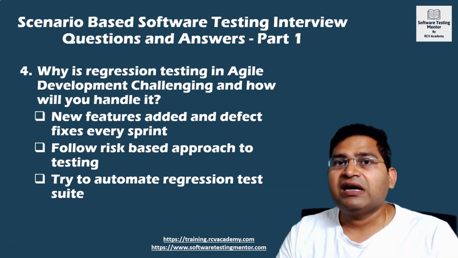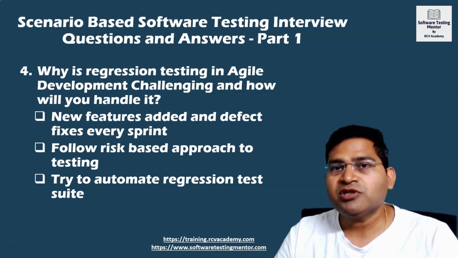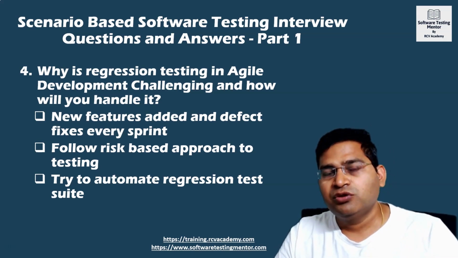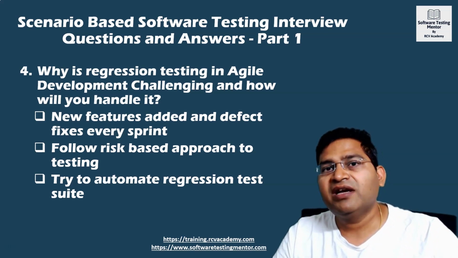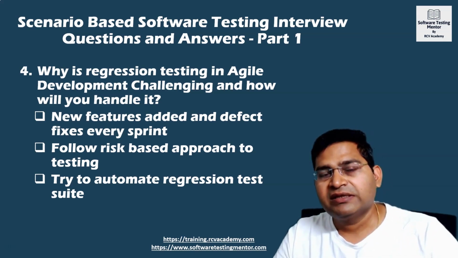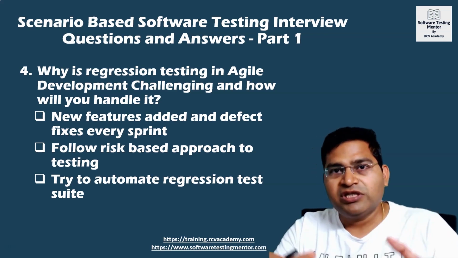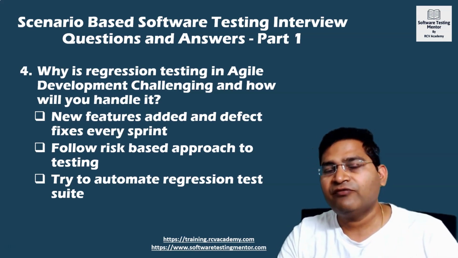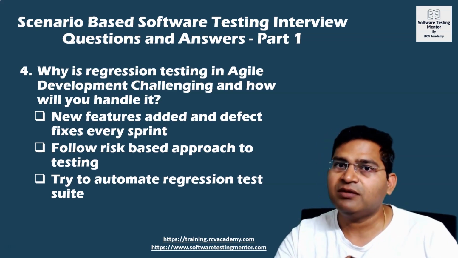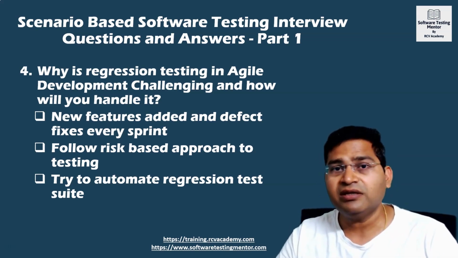In the next sprint, I'll ask my developers and team members what key features they are updating or building upon in this particular sprint that I can execute regression tests for, right? So in sprint 1 itself, for each of the key functionalities, I'll start preparing the regression test suite.